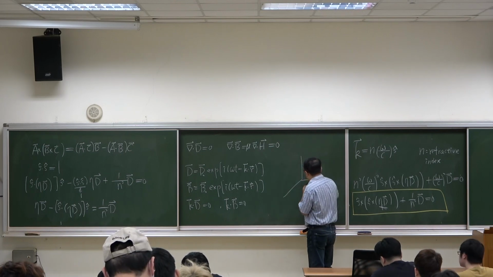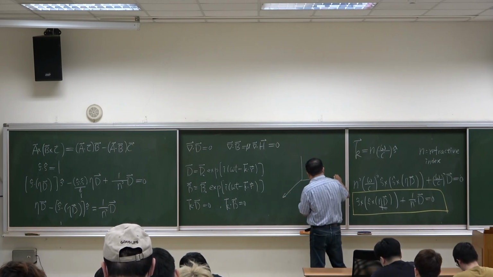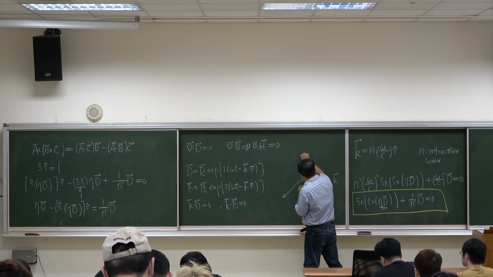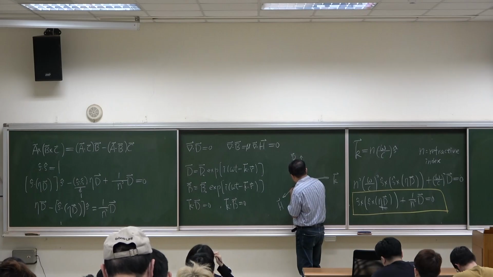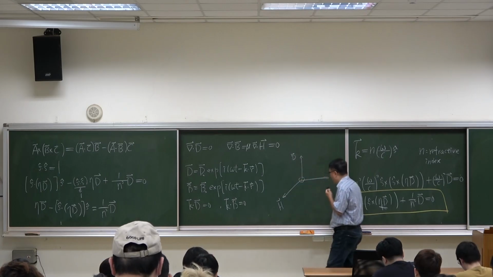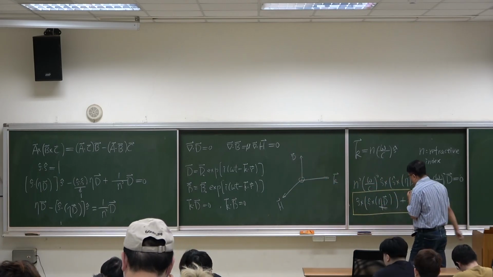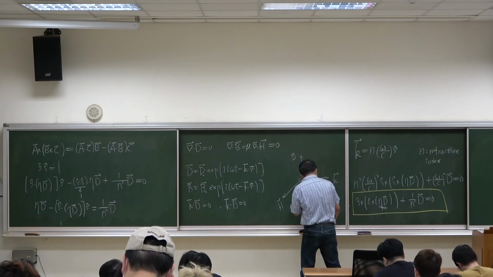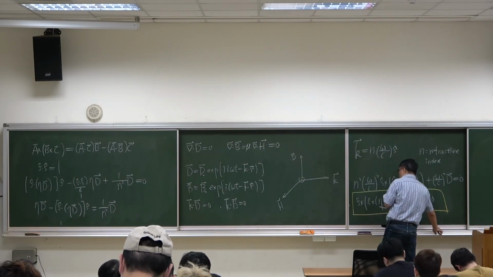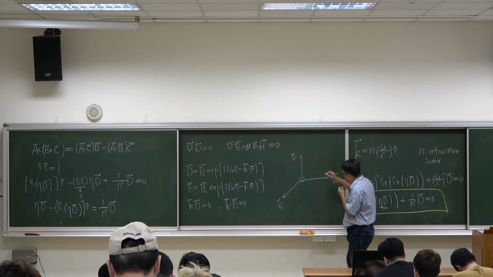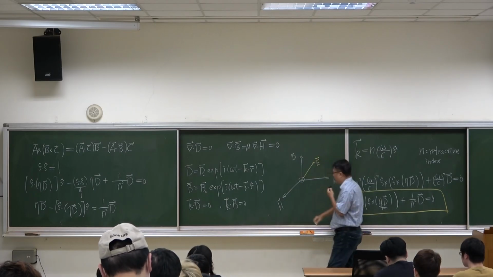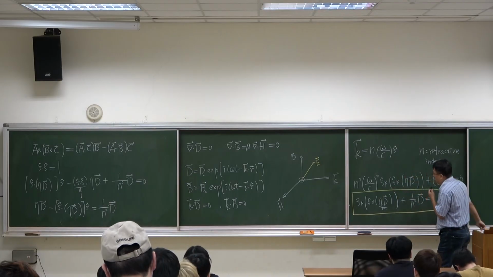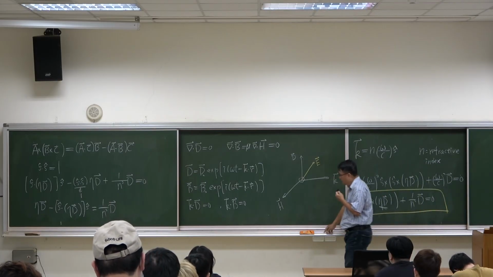As I have already mentioned, once we have this K vector, we have this D vector and this H vector, both of which are perpendicular to this K vector. And in general, the E vector is in the DK plane. Okay.